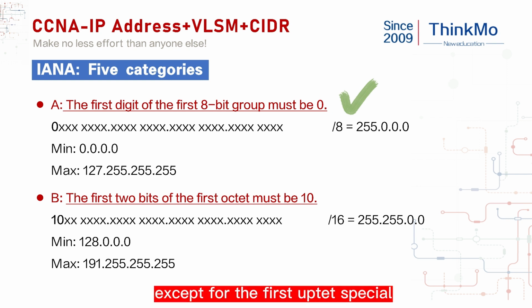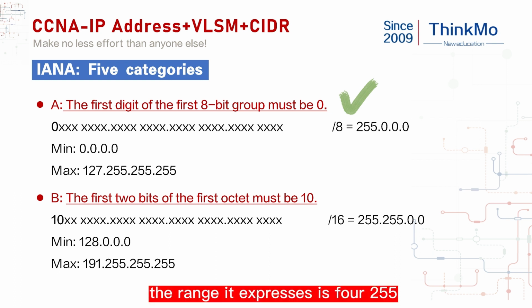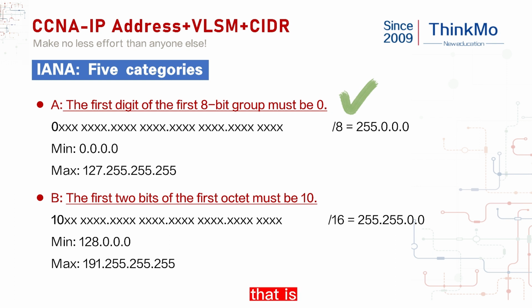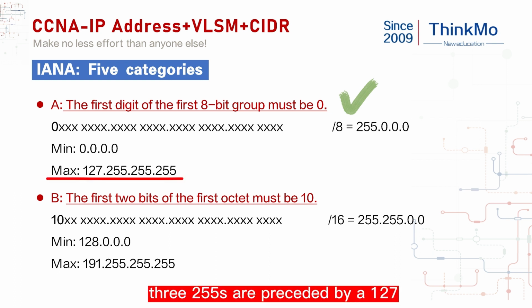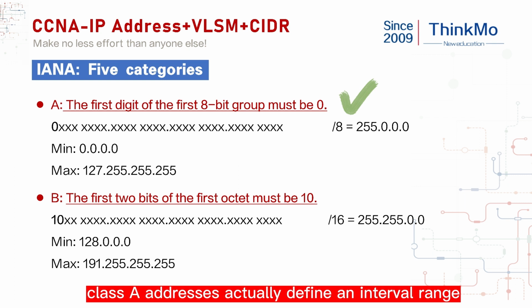Except for the first octet being special, the rest is 255. So in fact, the range it expresses is 0.0.0.0 to 127.255.255.255. That is, three 255s preceded by a 127. This is its range. So you will find Class A addresses actually define an interval range.